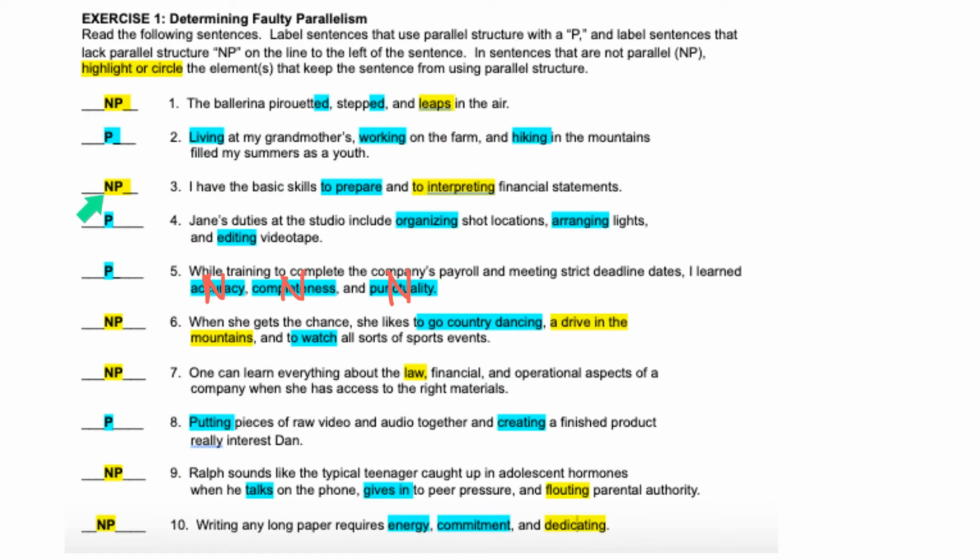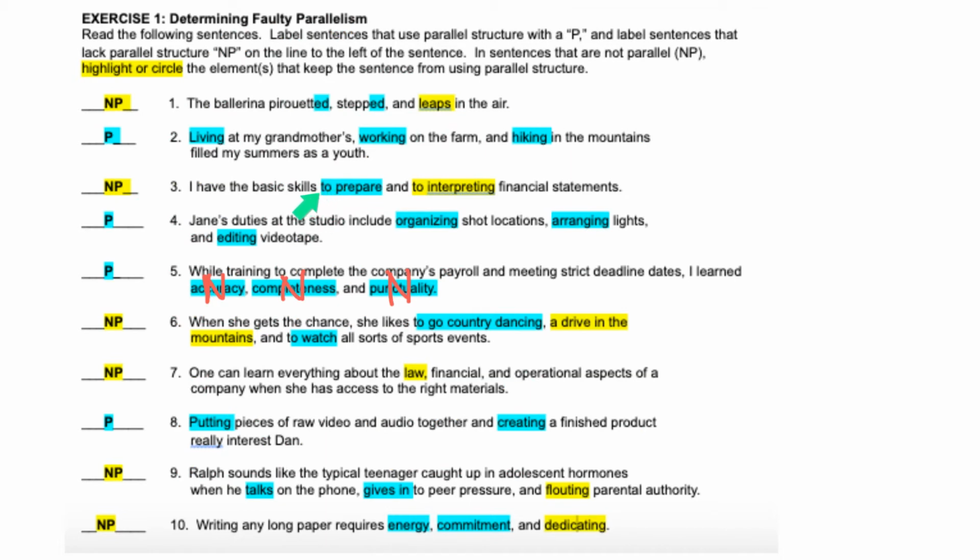You can see how there's a different kind of faulty parallelism in number 3. You may remember the term infinitive from the dangling and misplaced modifier unit, where you have the verb to paired with a verb like prepare, or on the previous test you took, to cook.